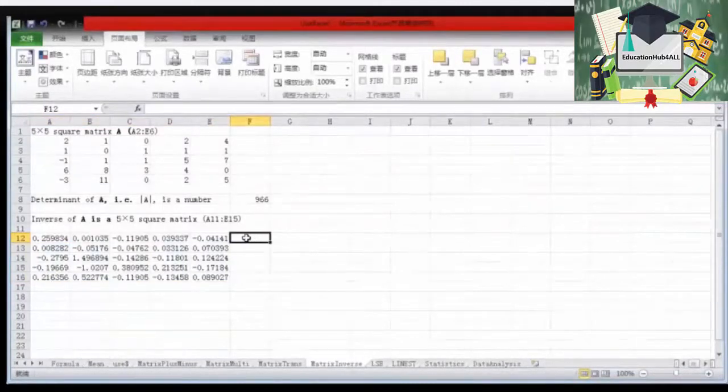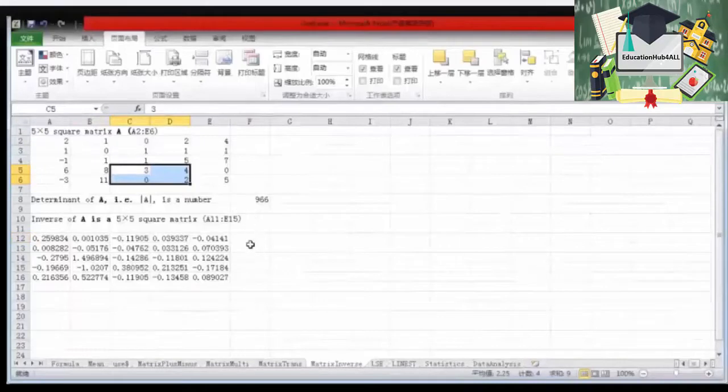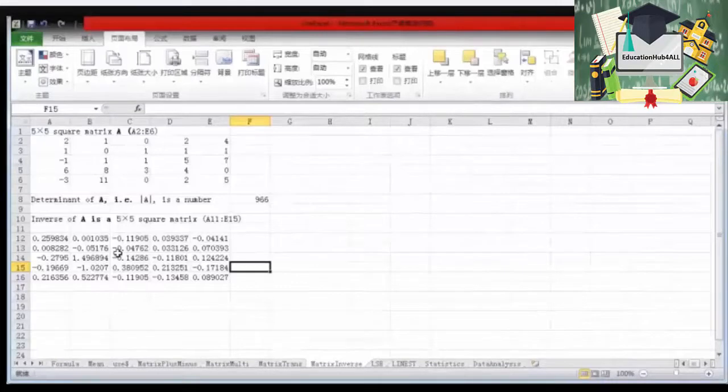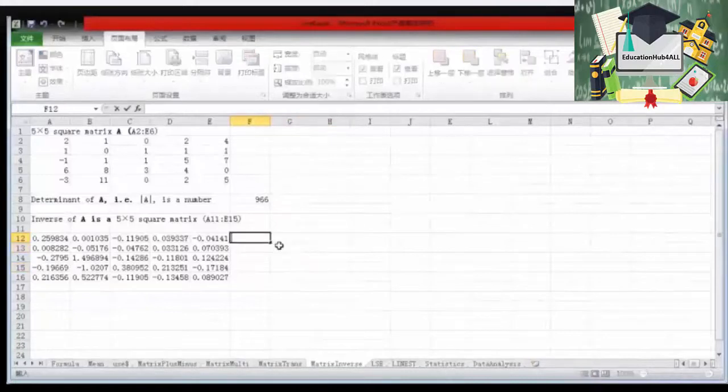So you can find the multiplication of matrix A and the inverse. Try. Control Shift Enter. Try to find the multiplication of matrix A and its inverse.